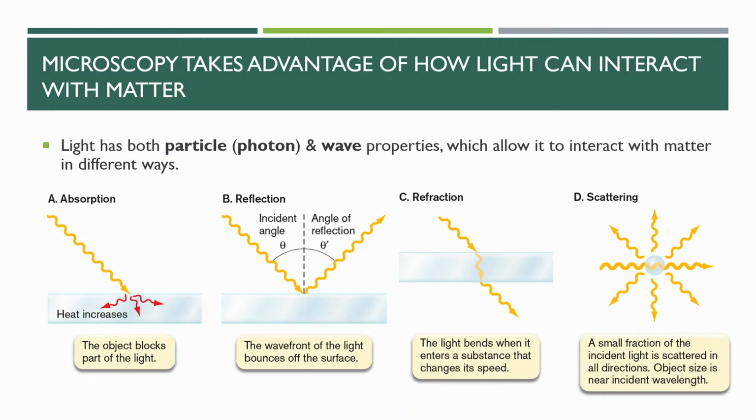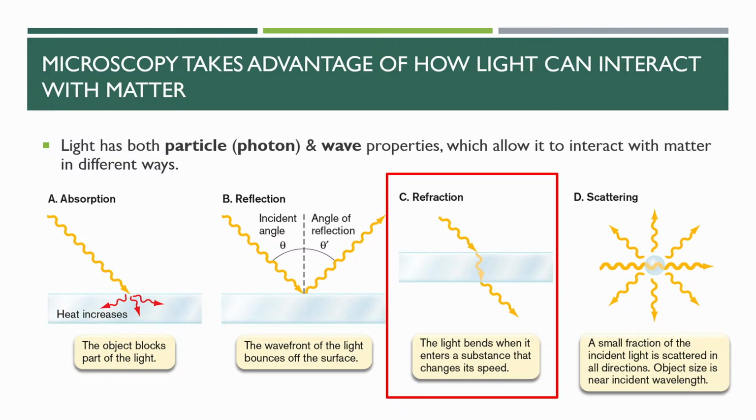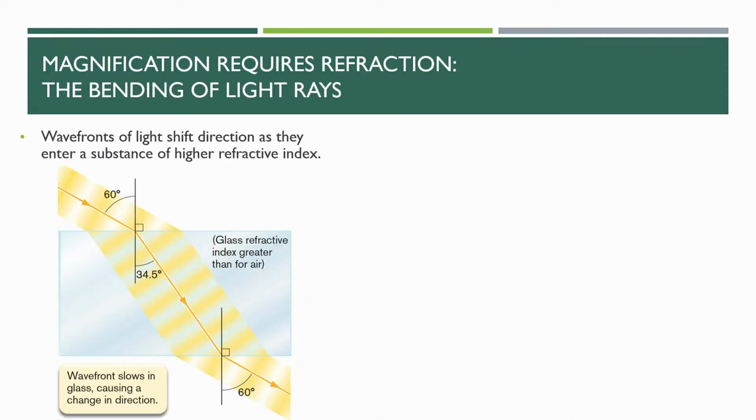And then there's scattering, where the light is scattered in all directions when it hits the object. But the one that we'll focus on here is refraction, because magnification on a microscope requires refraction, which is the bending of light rays.